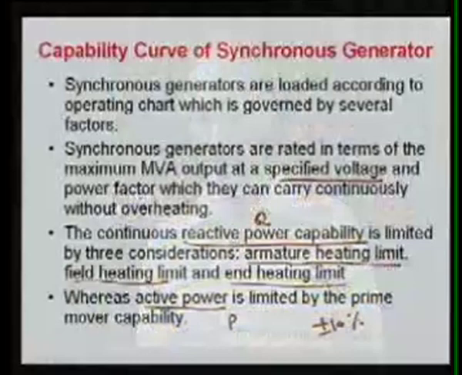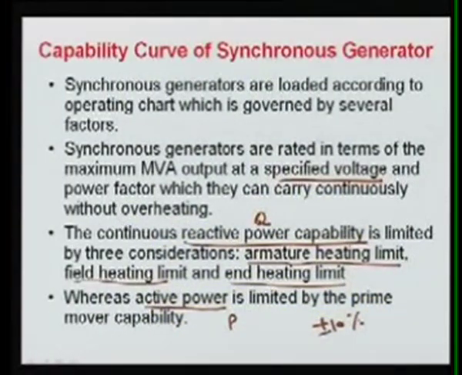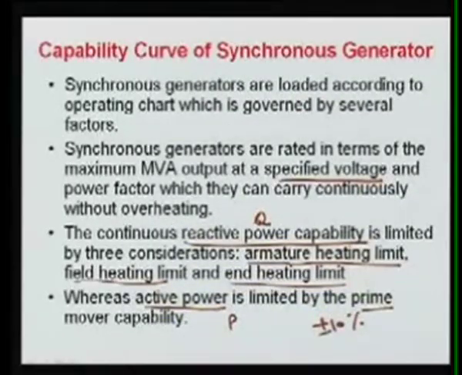If you go for more, the cost of the whole generating system will be very high. Even though the generator can generate more power over its rating for a particular duration, due to the prime mover turbine limitation we cannot generate overrated power for a longer duration.